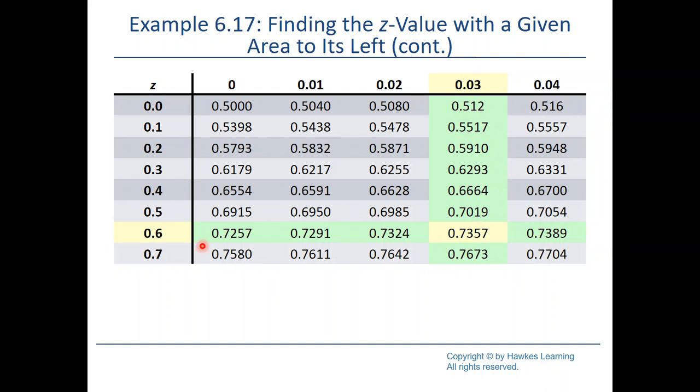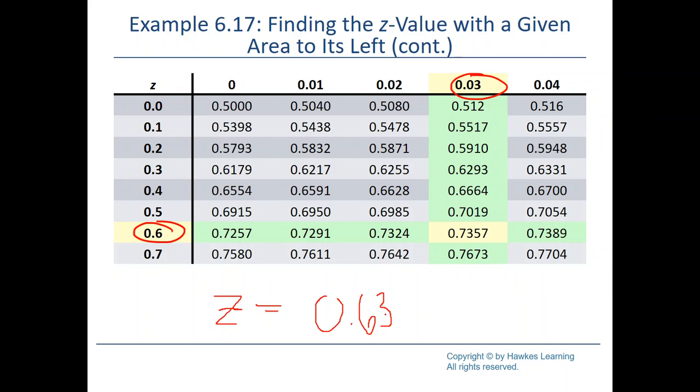Okay, and so that's where I get my z-value, z equals 0.63. Now, again, this is one way to do it. And this answer is actually coming from this and this combined, put together. Okay. But don't think that this is the only way.